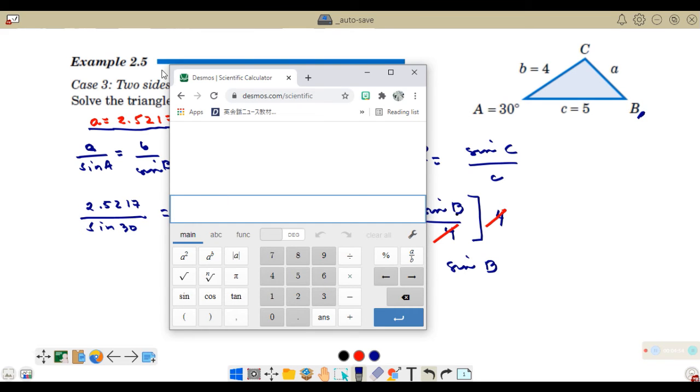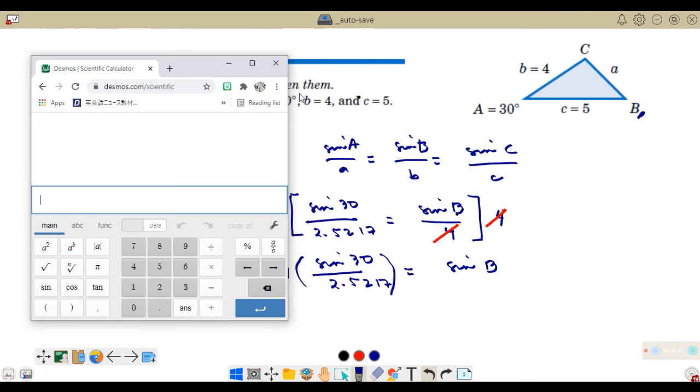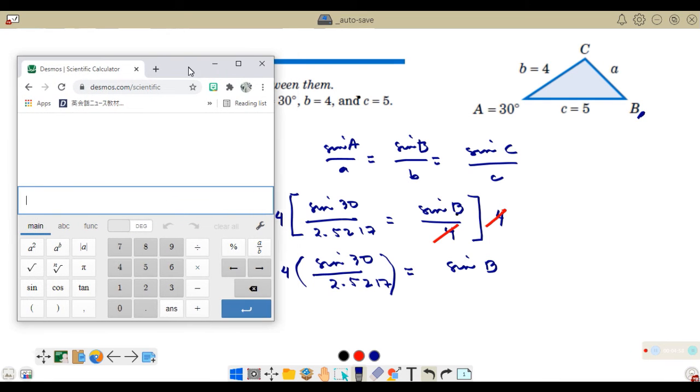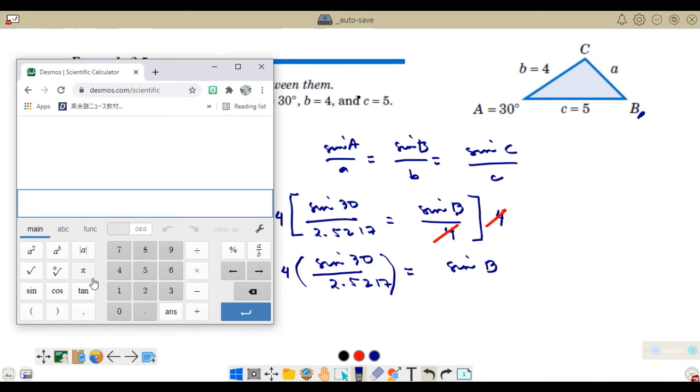So, let's get the scientific calculator. Using our scientific calculator, let's plug in our values. We have 4 multiplied by, insert a fraction. In the numerator, write sine 30. Make sure that your function is in degree mode.